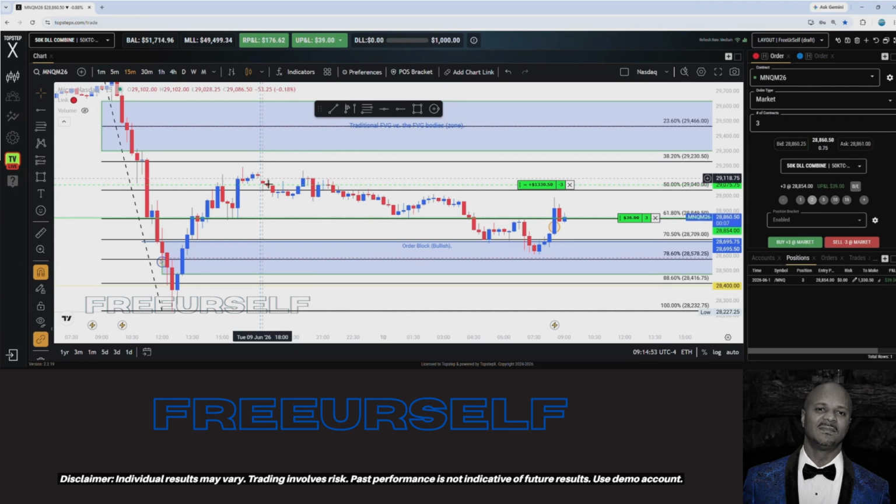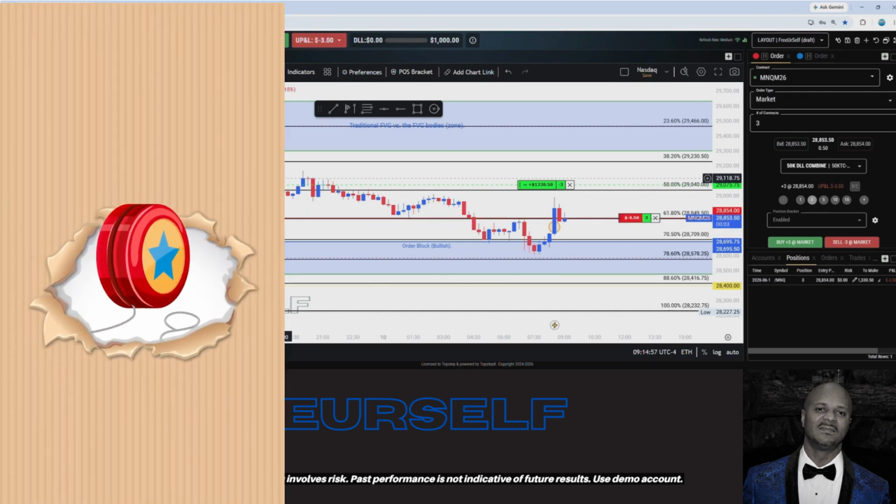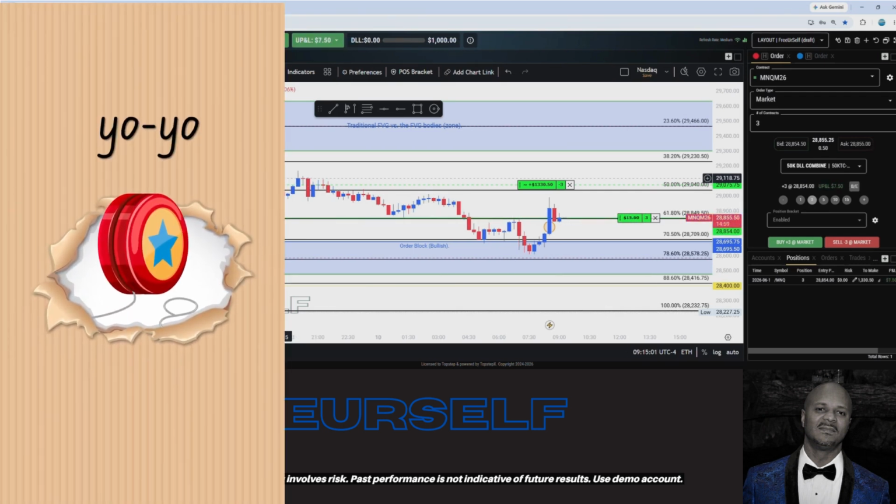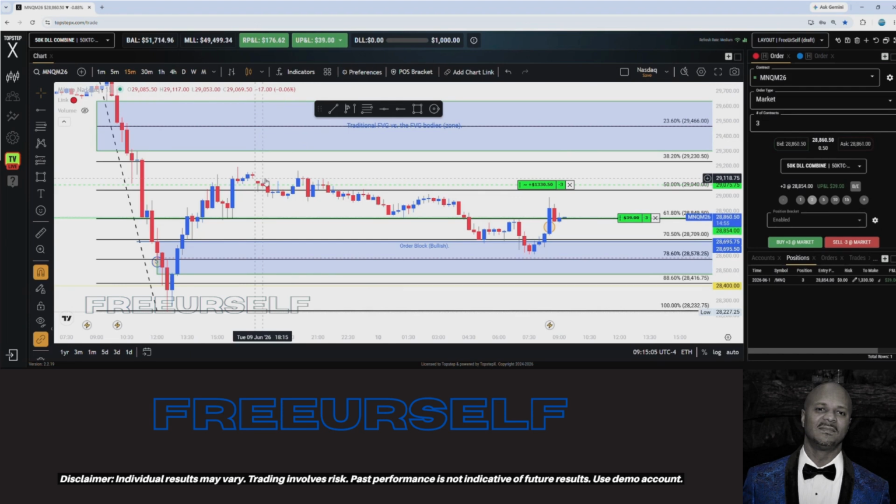Remember in video 1 where we talked about the yo-yo, where price is moving back and forth between key areas where I would anticipate there would be a floor, a foundation, or support, to an area where there would be a ceiling or resistance.